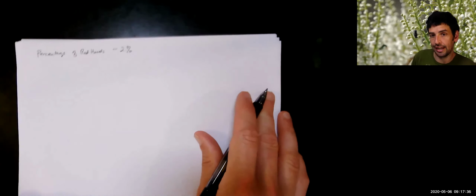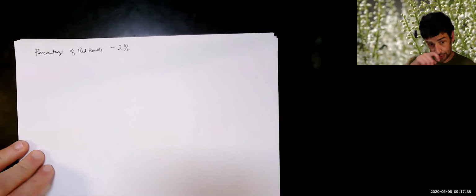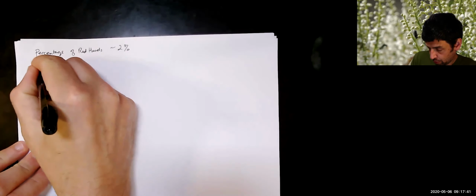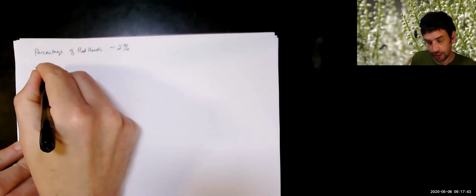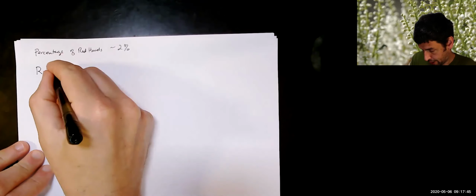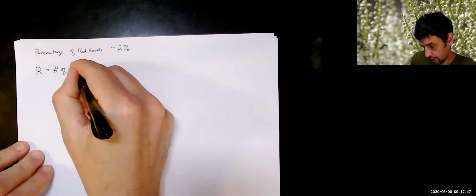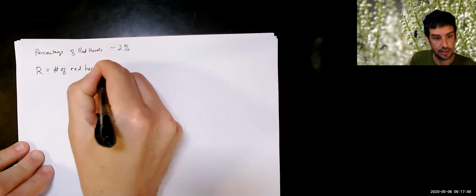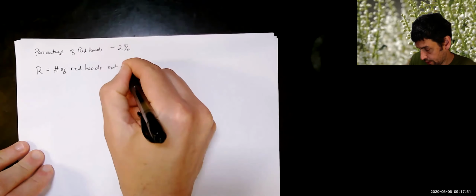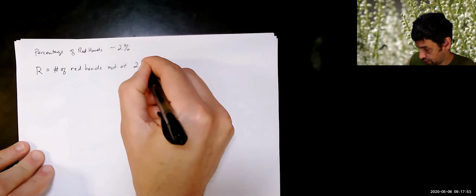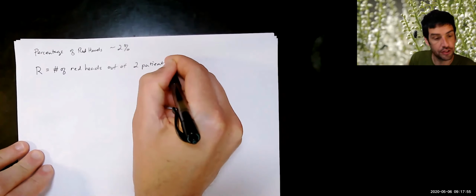So I'm going to create a random variable for this event. I'm going to use R to be the number of redheads out of two patients, right? So just out of the two patients waiting.